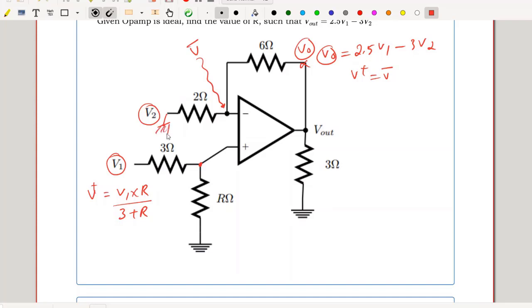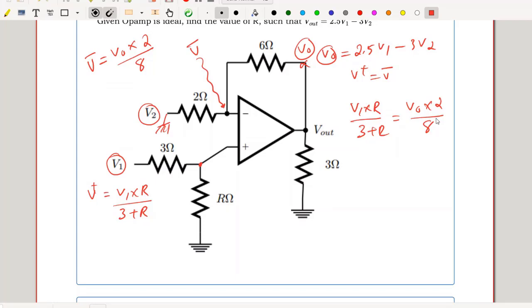So if V2 is 0, my V minus is nothing but V out multiplied by 2 divided by 8. Right? So my V plus equal to V minus implies V plus, which is V1 multiplied by R divided by 3 plus R, should be equal to my V minus, which is nothing but 2 upon 8 multiplied by V out.